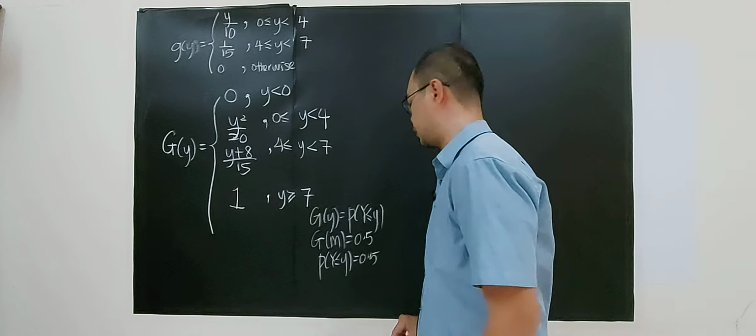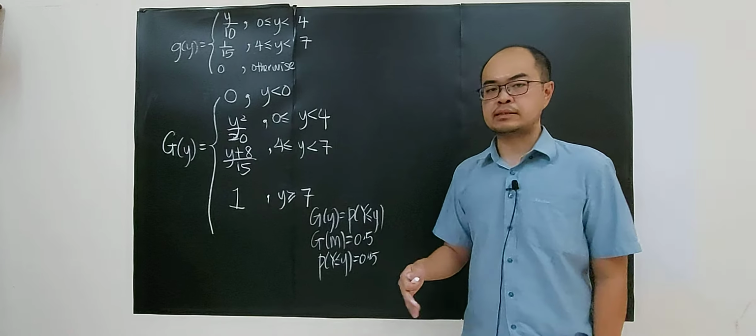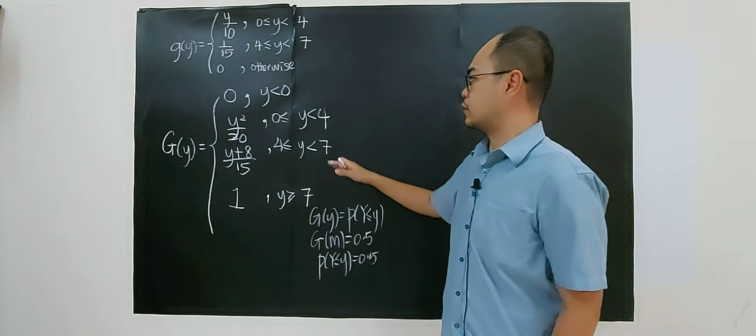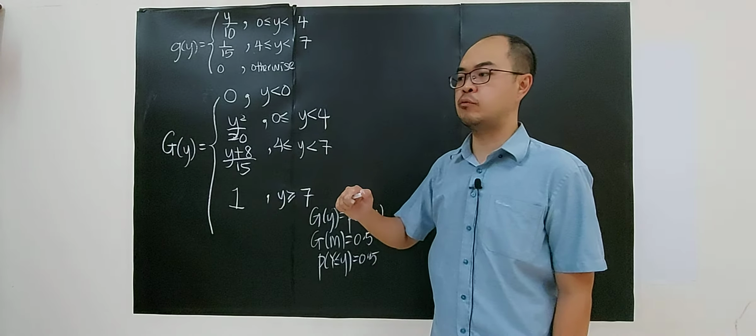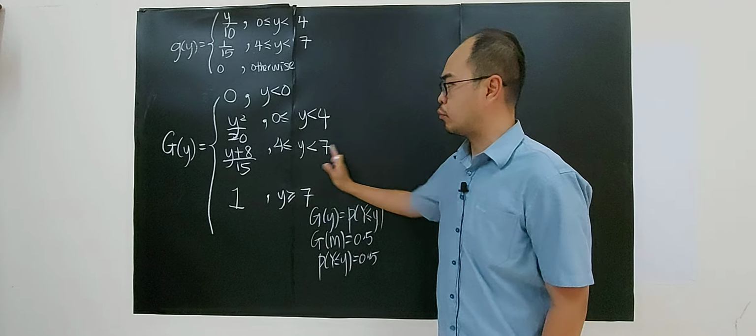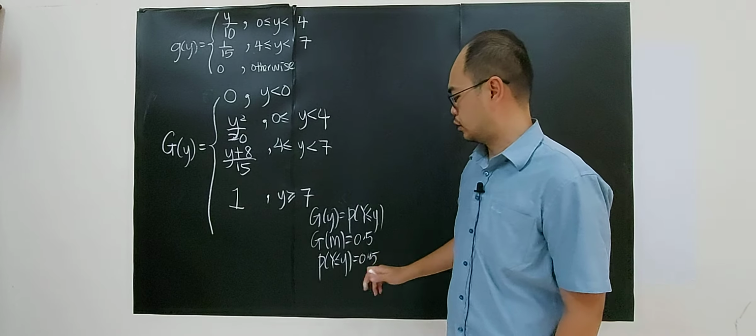You know that median is the middle value. The total probability is 1, so for the median the probability must be 1 over 2.